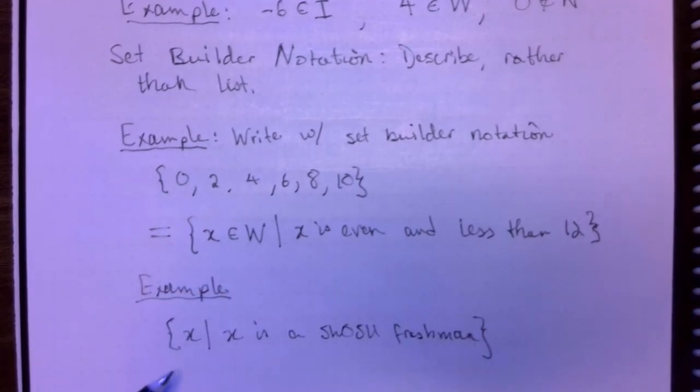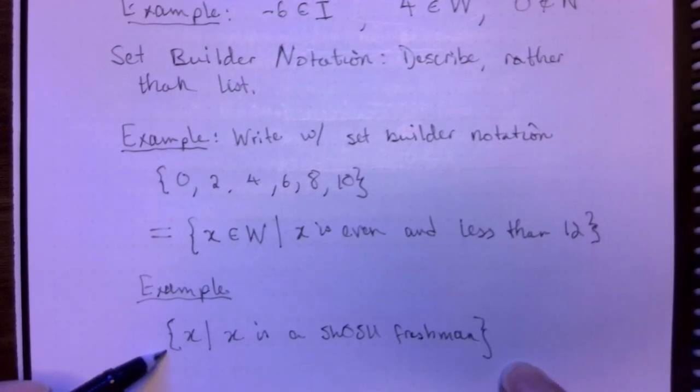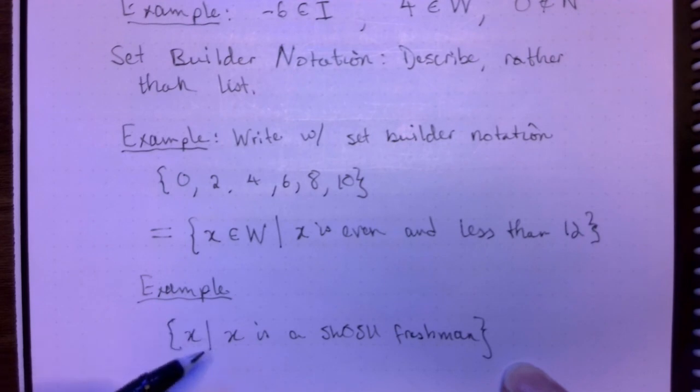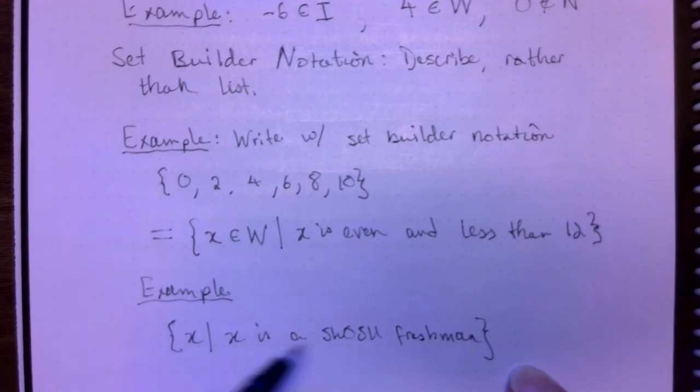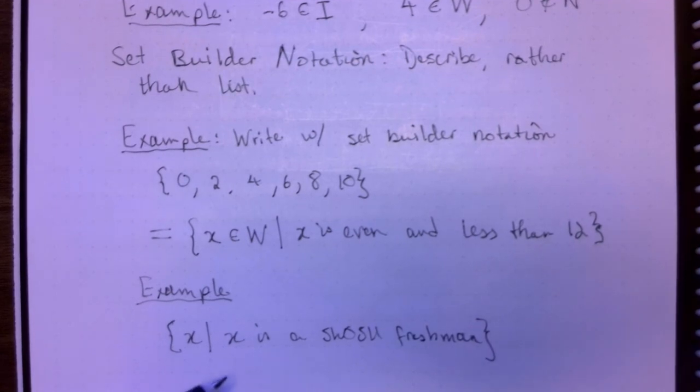Okay, so that's a way to describe that set using set builder notation. One thing to note is that we still use the braces, and then we have this little bar here, so the set of all x such that x is a SWOSU freshman. So over here we have a description or a condition that must be met in order for your element to belong to our set.